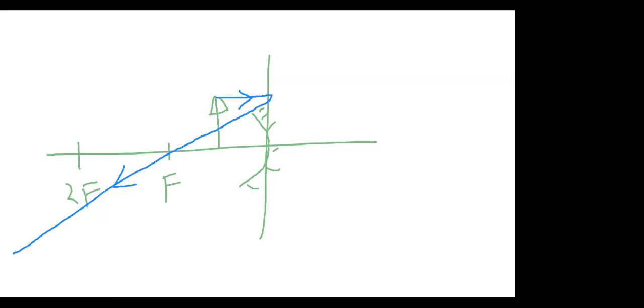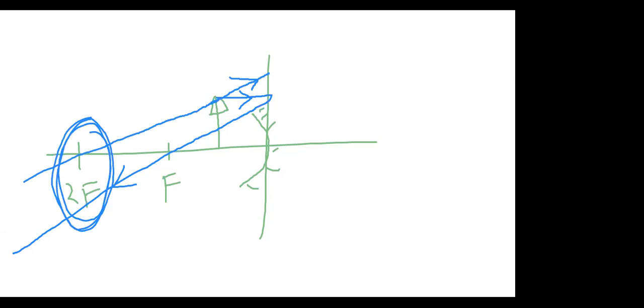Likewise, a ray of light which is passing through the center of curvature like this is going to go to the mirror like that. And since it is passing through the 2F, the center of curvature, it is going to be reflected back along the same path.